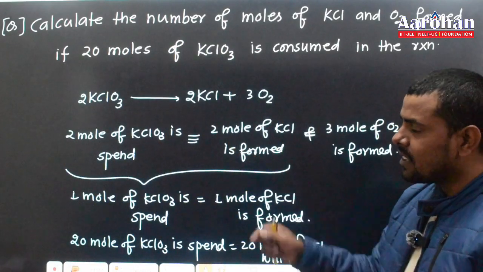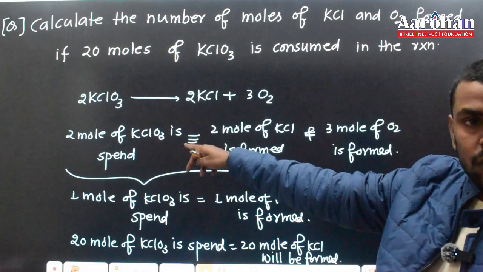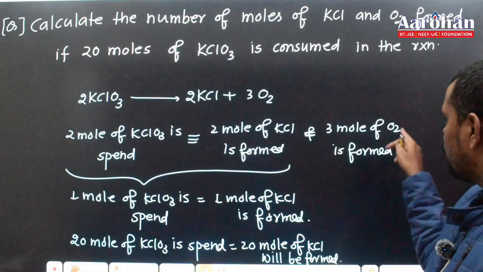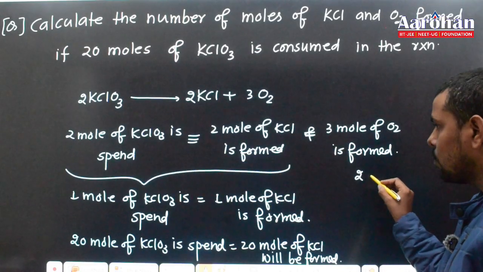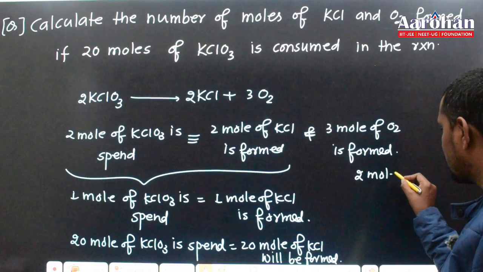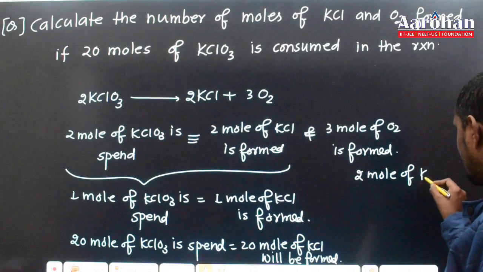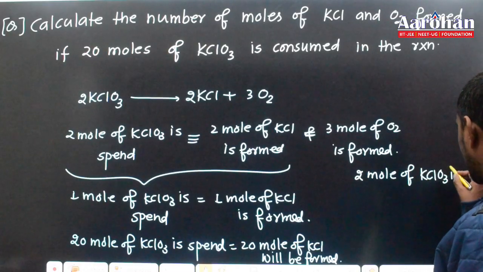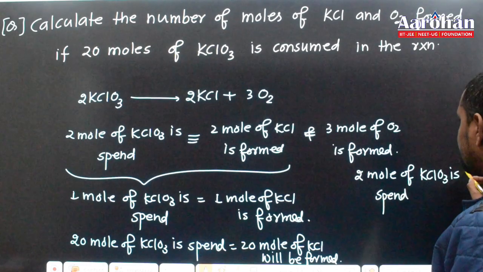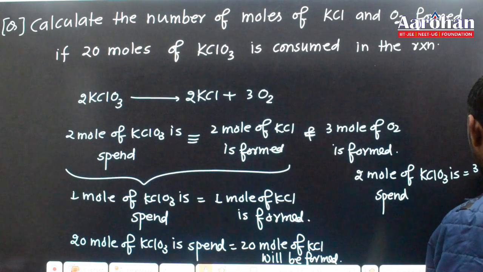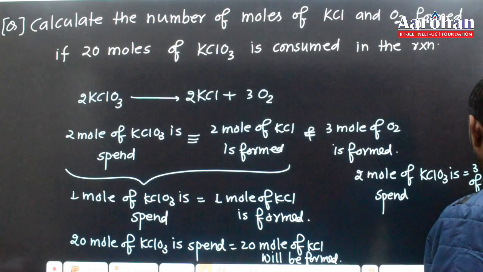From here we can see that if 2 mole of KClO3 is spent, then 3 mole of O2 is formed.